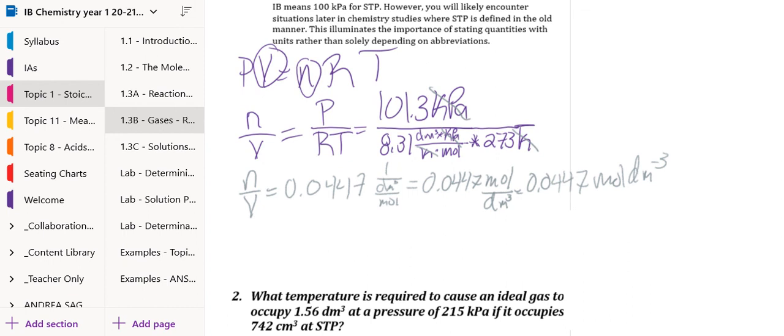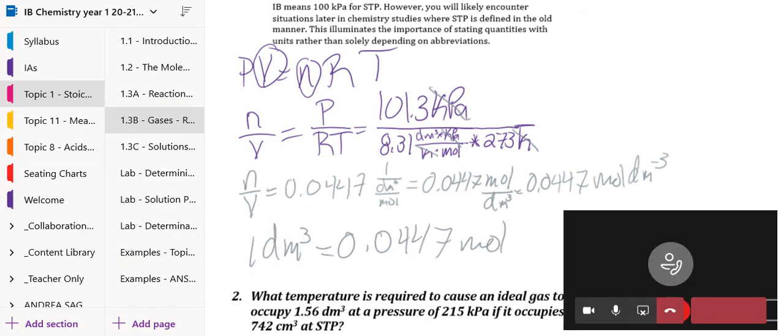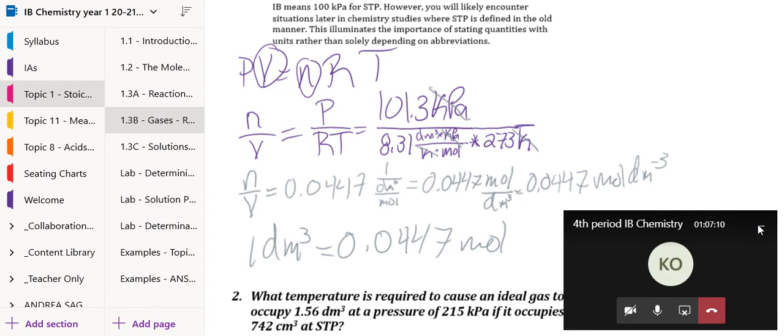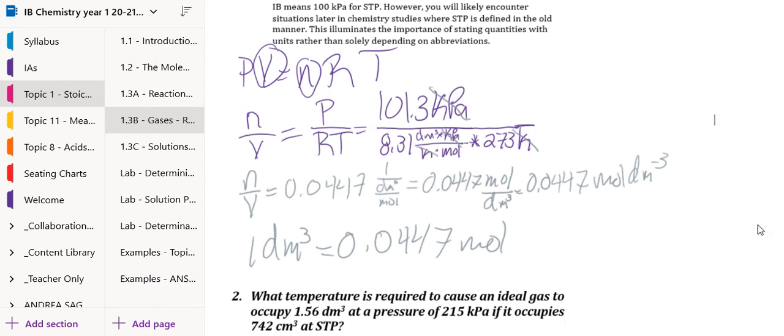As a conversion factor, I would write 1 decimeter cubed equals 0.0447 moles. But previously, when I looked at molar volume of a gas, it was 1 mole equals however many decimeters cubed.